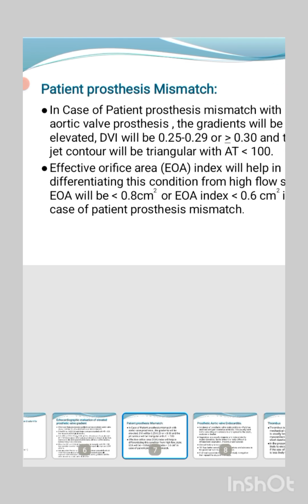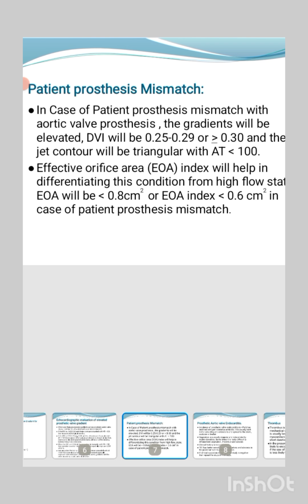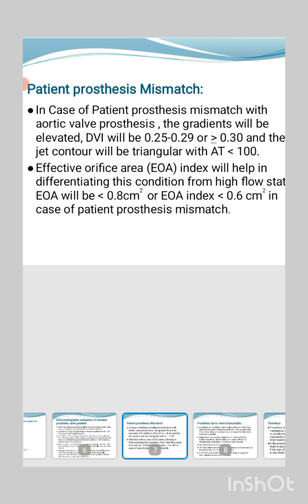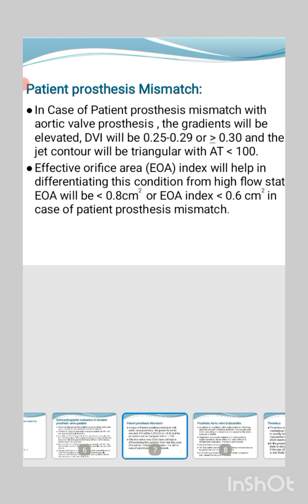Patient prosthesis mismatch. In case of patient prosthesis mismatch with an aortic valve prosthesis, the gradient will be elevated. DVI will be 0.25 to 0.29 or greater than 0.30 and the jet contour will be triangular with acceleration time less than 100.